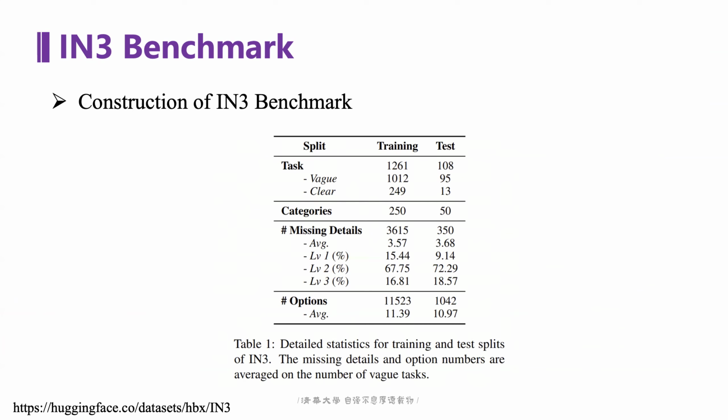Because some tasks are clear, the agent does not need to ask anything. And here is how we divide the missing details into different importance levels.